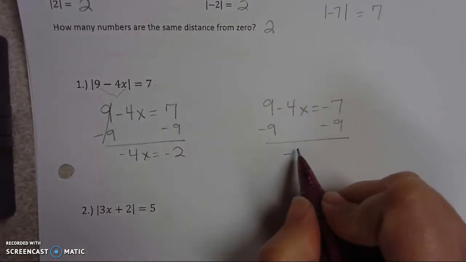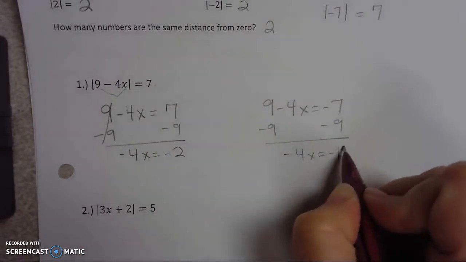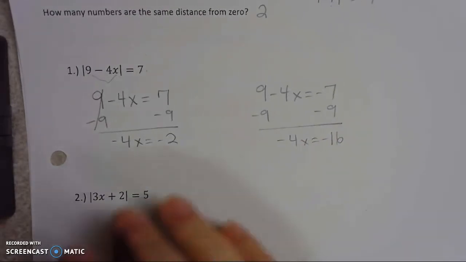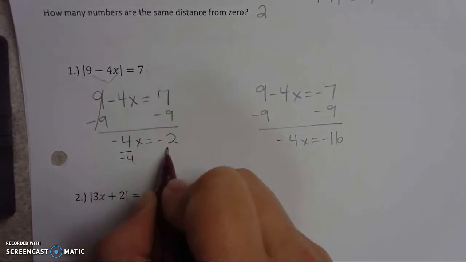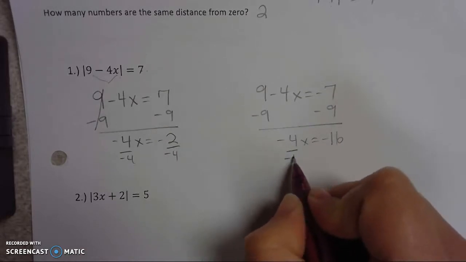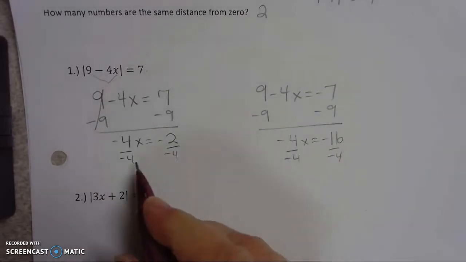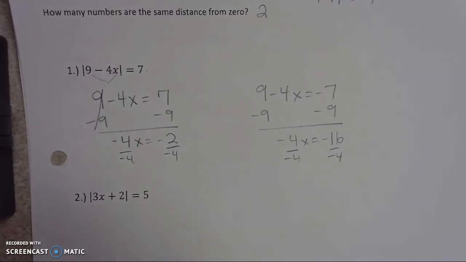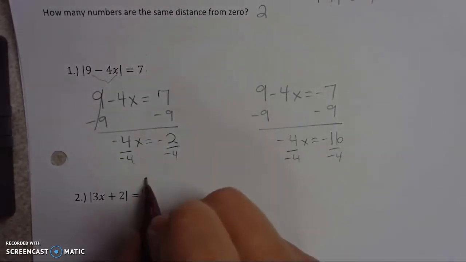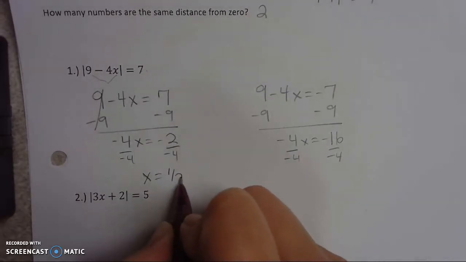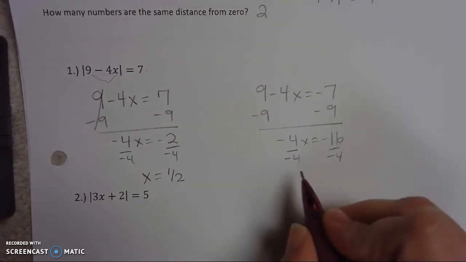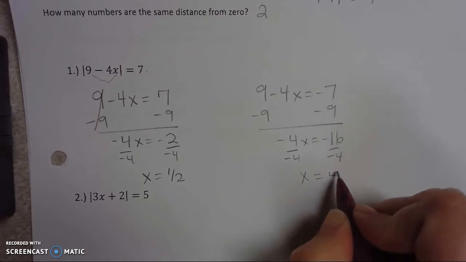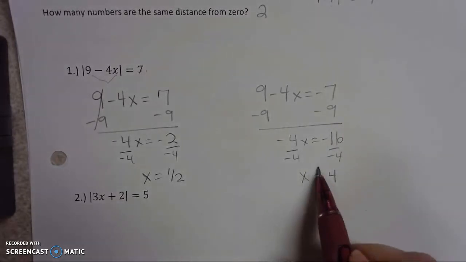Now on both of them, I'm going to divide by negative 4. So on both sides of the equation, in both equations, I divide by negative 4. On the left one, when I simplify, I get 1/2. And on the right equation, when I simplify, I get 4.